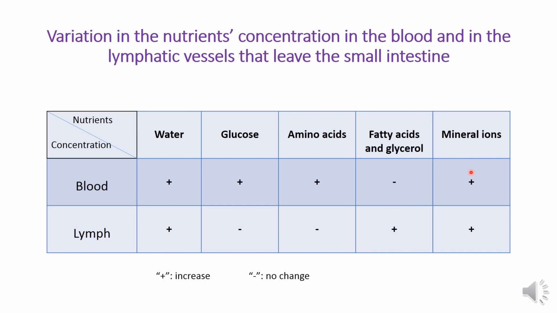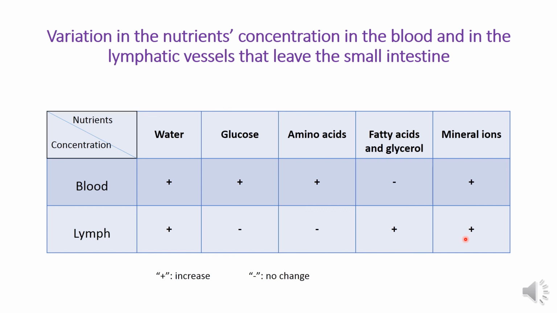This indicates that these nutrients cross the wall of the small intestine into the blood, while the concentration of water, fatty acids, and mineral ions increases in the lymph. This indicates that water, fatty acids, glycerol, and mineral ions cross the wall of the small intestine into the lymphatic vessels.